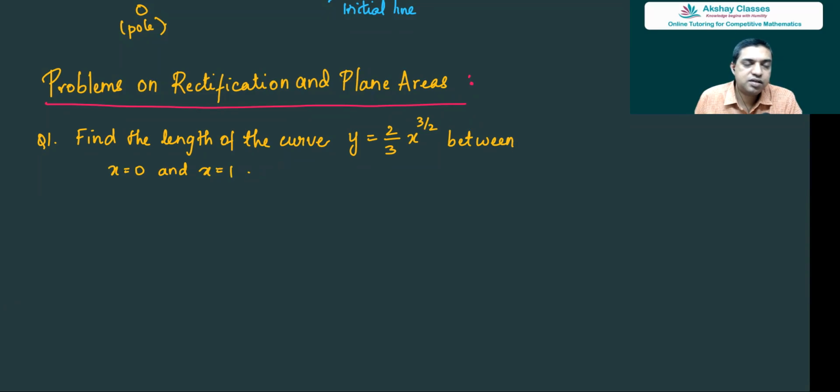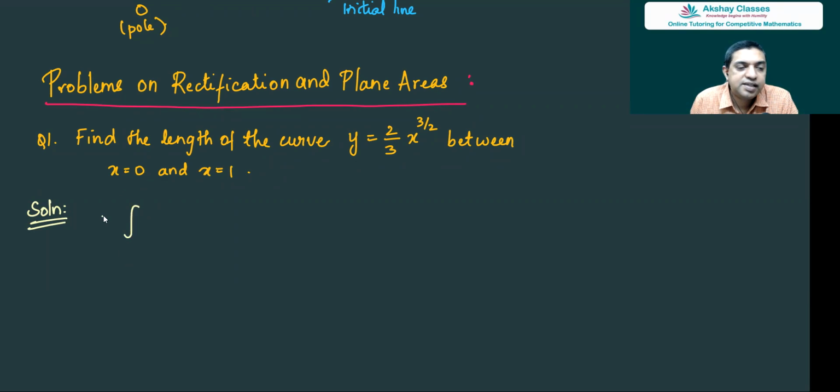This was an objective question in one of the GATE papers. Find the length of this curve. The curve is given and we have to find the length of the curve between x equal to 0 and x equal to 1.